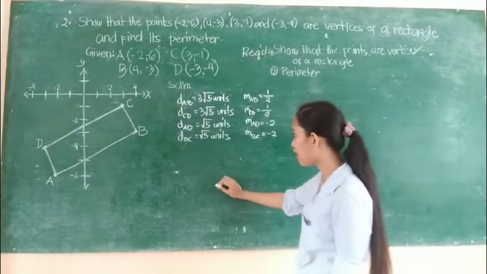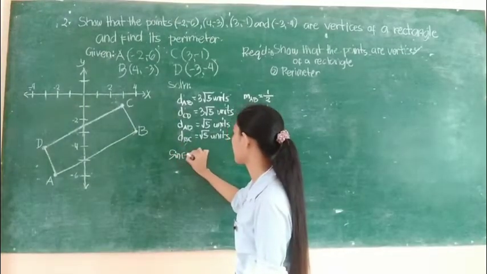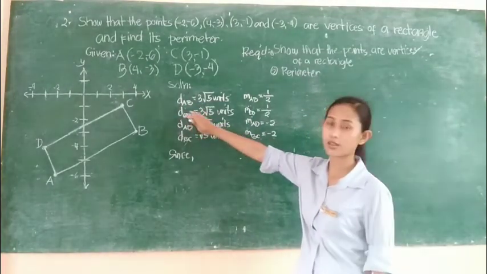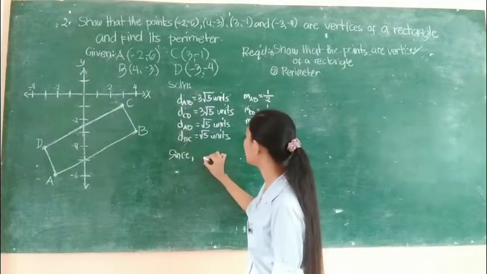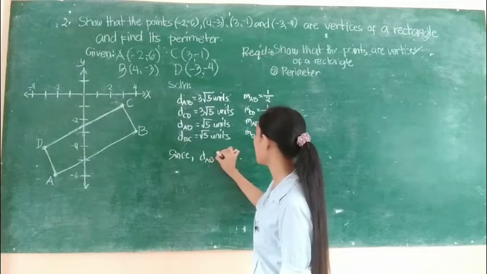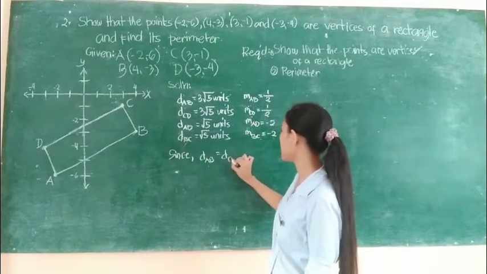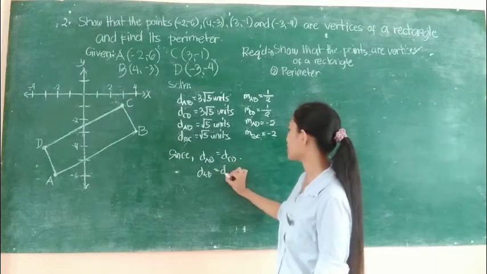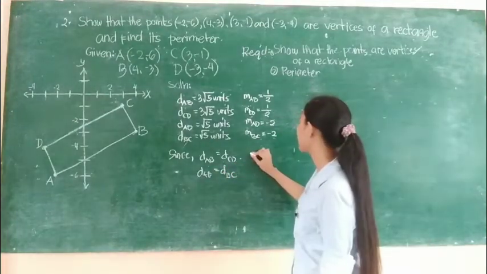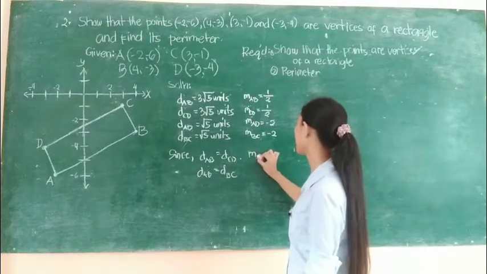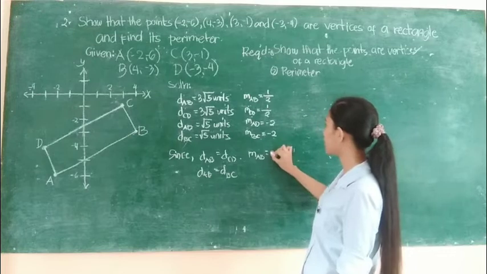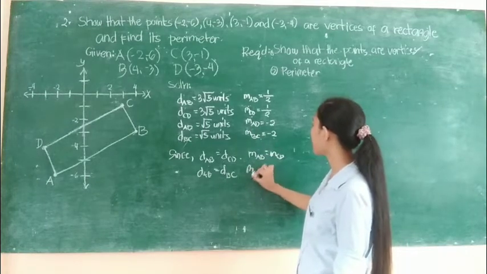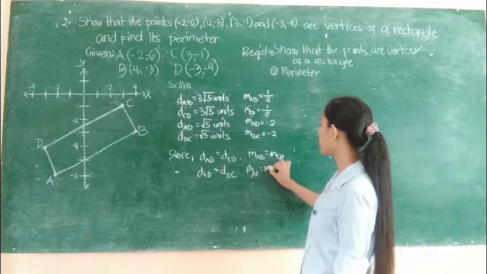Since the distance of point A and B is equal to the distance of point C and D, and the distance of AD is equal to the distance of BC, slope of point AB is equal to the slope of point CD, and slope of point AD is equal to the slope of point BC.